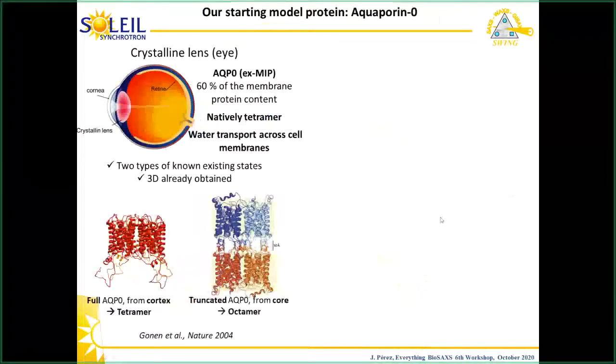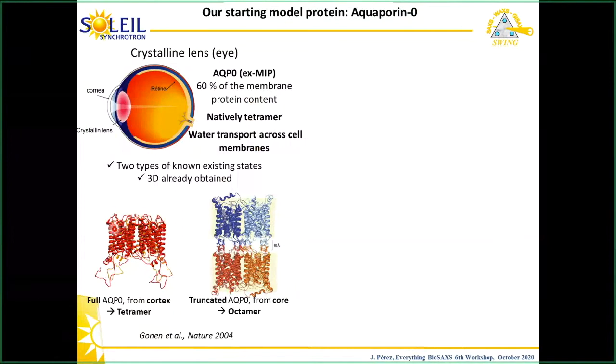And the guinea pig protein that we used now 10 years ago for this was aquaporin 0, which is a water transfer molecule that is present in the lens of mammal eyes, and it's the main protein of the lens. Actually, 60% of the membrane protein content.